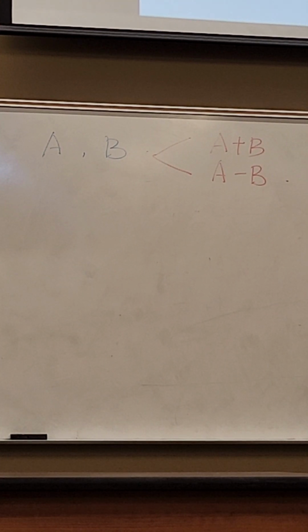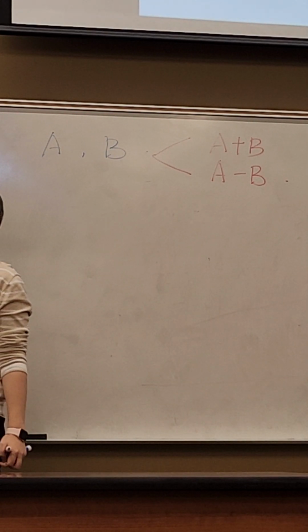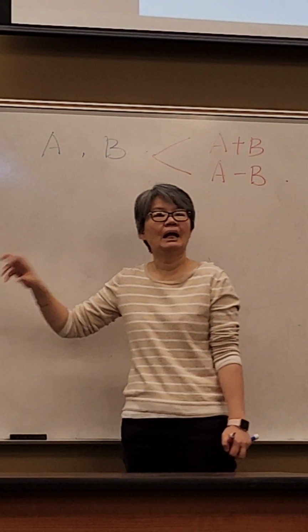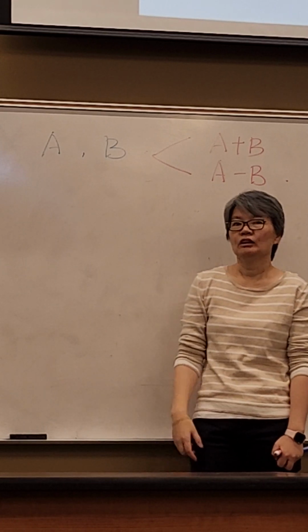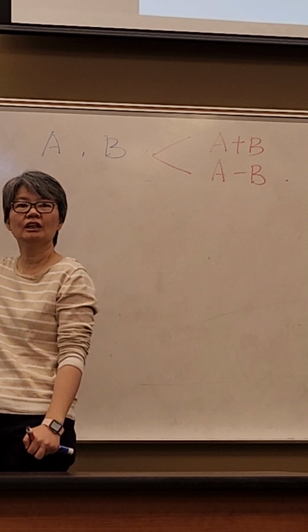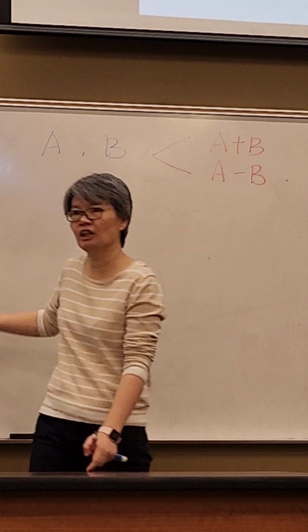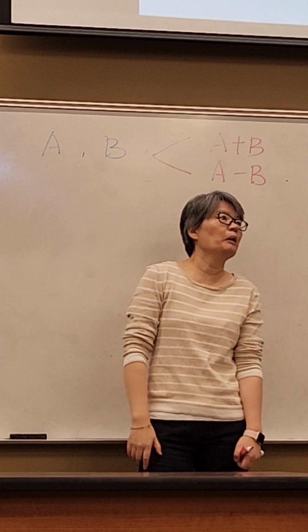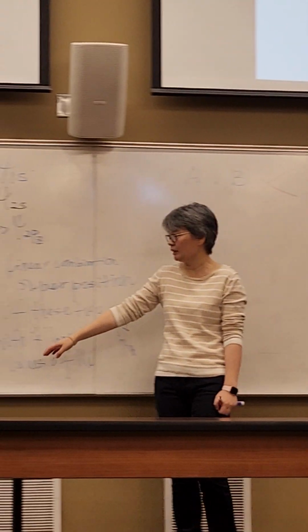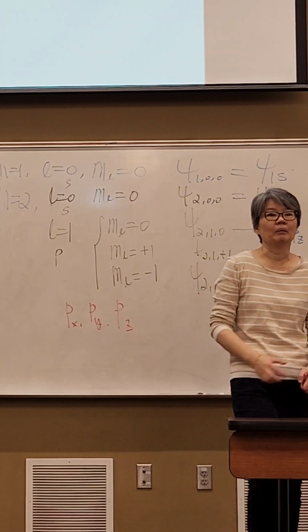All right, so one is the minus, the other one is plus. So in that regard, we're going to go to the math in a minute. You have two functions. You do a linear combination, add them together, you have one function. You do a minus combination, you have the other function. So therefore, doing a linear combination, you can generate a new form of two functions, one corresponding to px, the other corresponding to py.